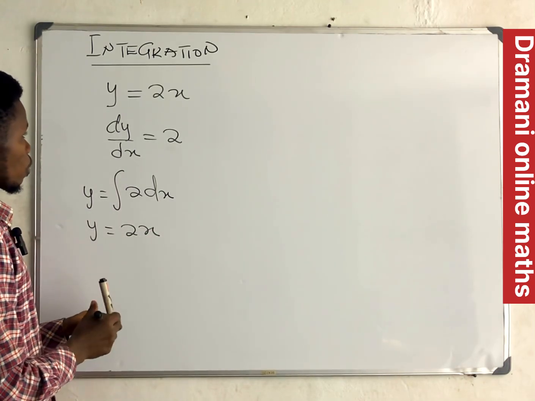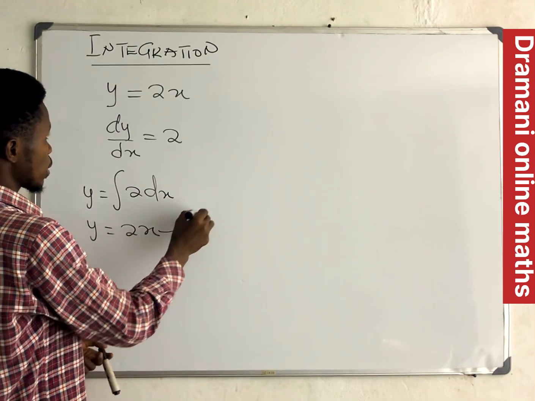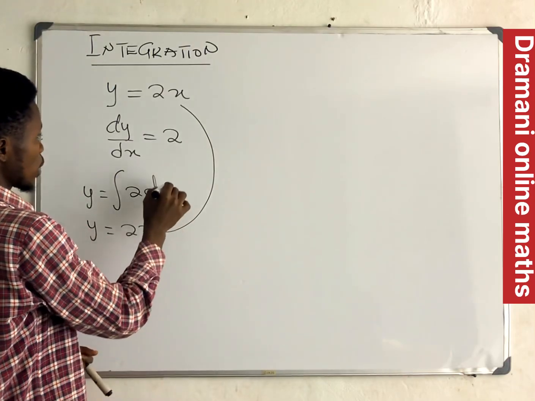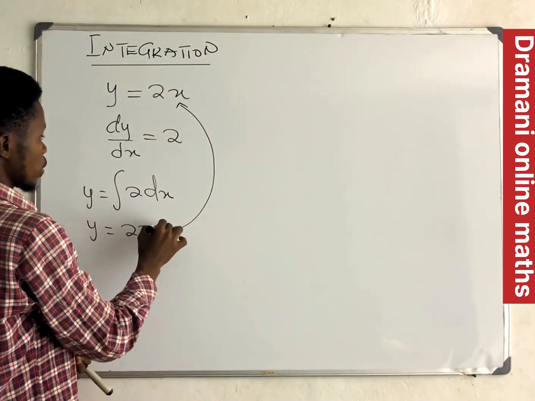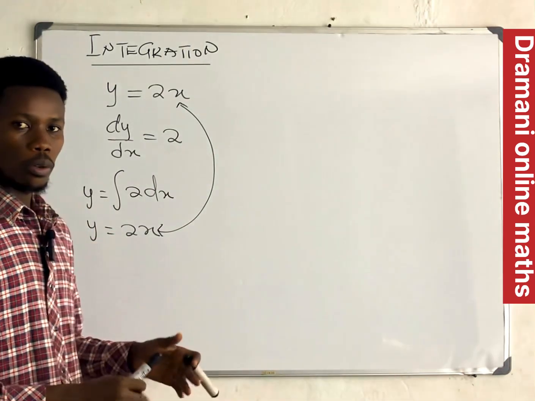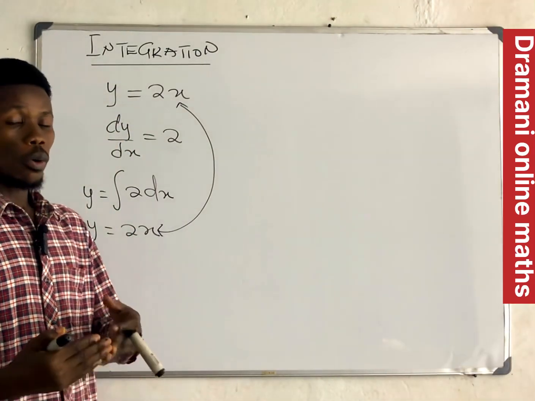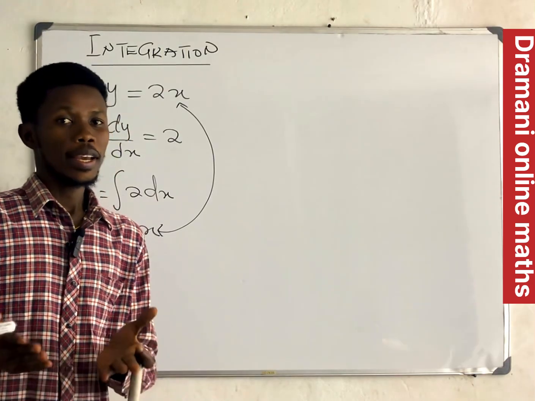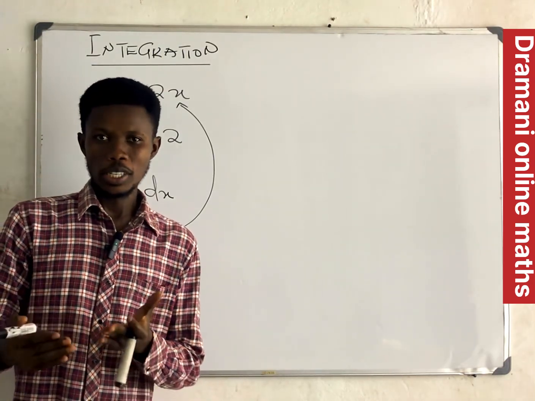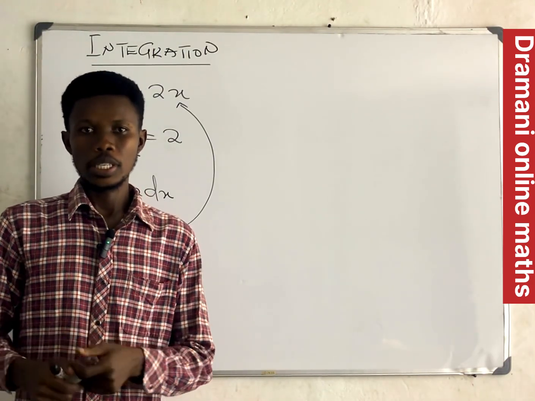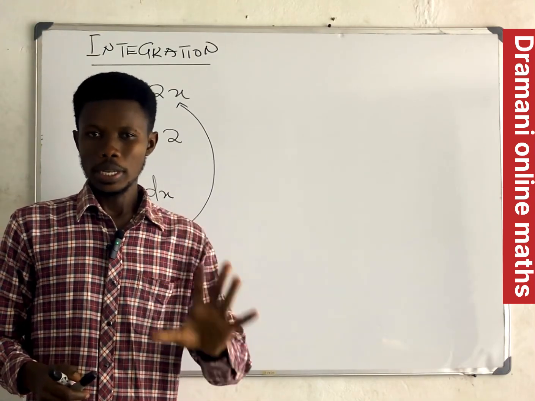So the reason why we are saying they are a reverse of each other is that the answer that you get when you differentiate is the reverse of when you integrate. So that is the meaning of integration.